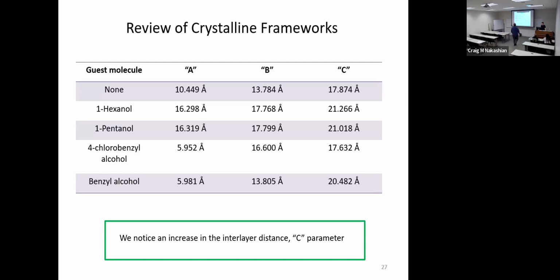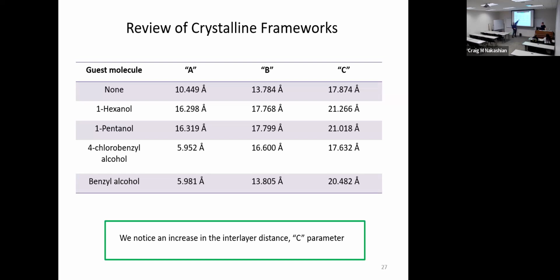All right, and then we're also seeing a wonderful correlation between the lightness of our molecules and the determination of the framework. If you paid attention when we placed the two alkyl alcohols, the hexanol and the pentanol, the framework was a little bit wider. Then the last two, with the chlorobenzyl alcohol and benzyl alcohol, were more close packed, right? They were more together.